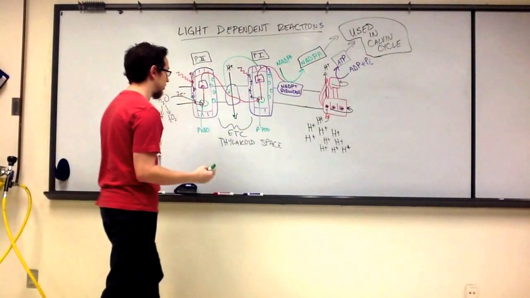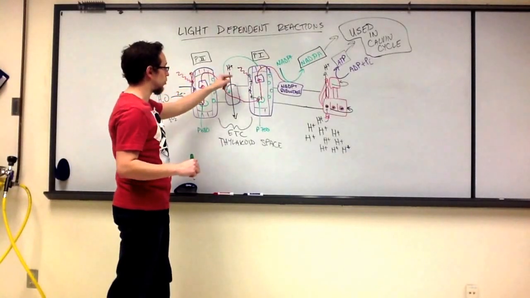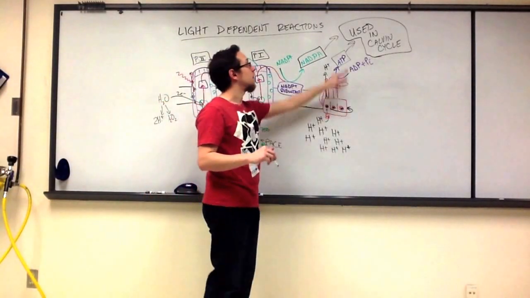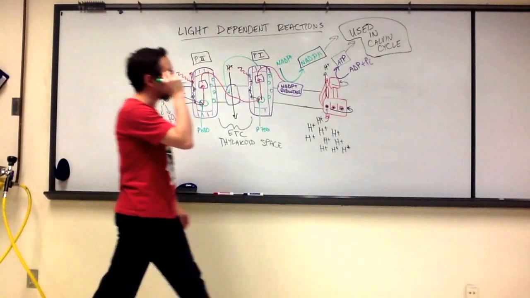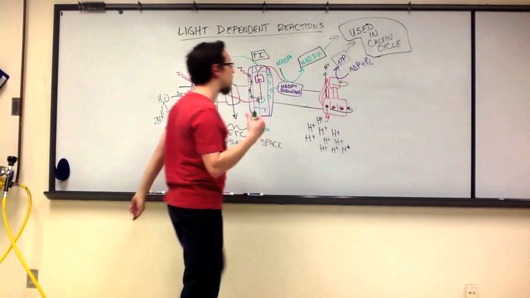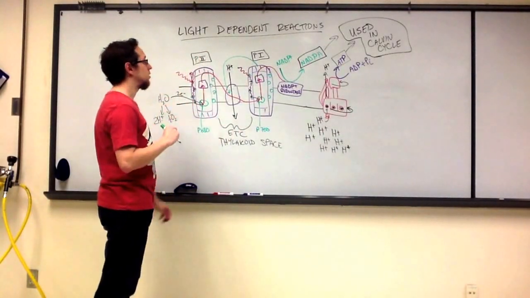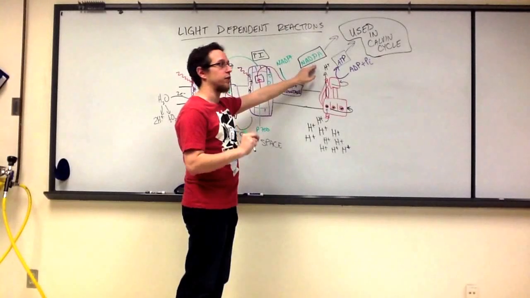The benefit of this is that we can endlessly carry out the electron transport chain, generating a proton gradient, thereby giving us ATP. So cyclic electron transport is a good way to make additional ATP that might be used in the Calvin cycle. However, it is not a good way to generate NADPH, as none is produced during cyclic electron flow.